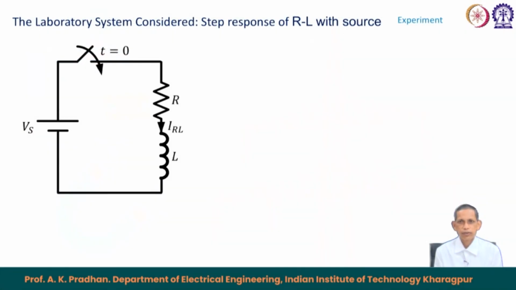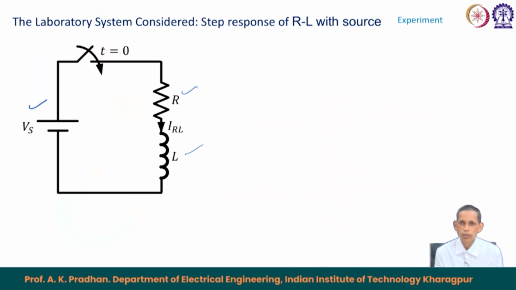In the lab, we will see how the RL transient is observed. For this case, we have an R and L connected in series, and we will connect them to the voltage source through a switch.